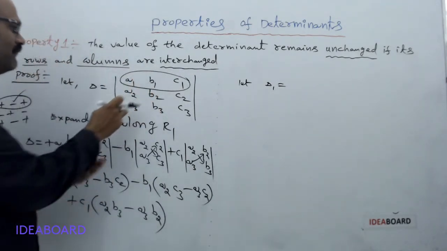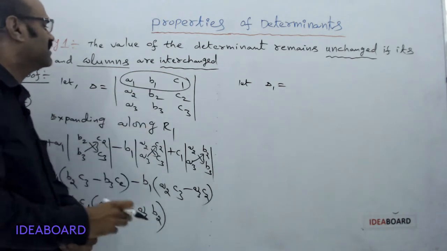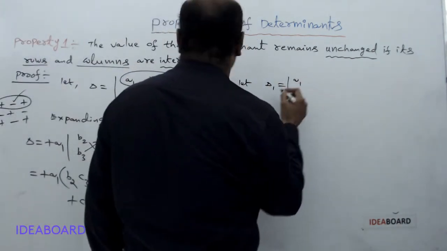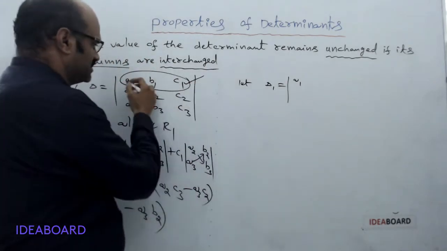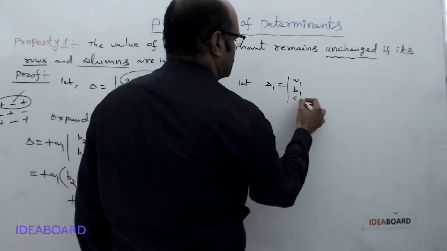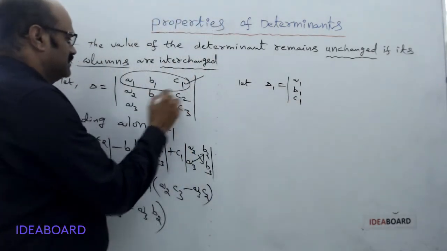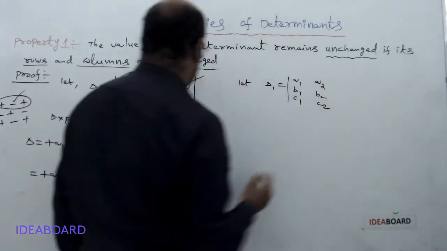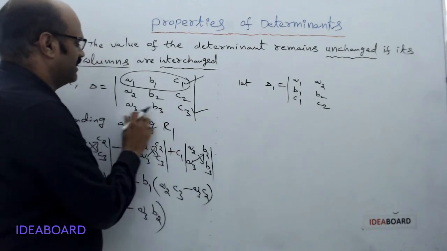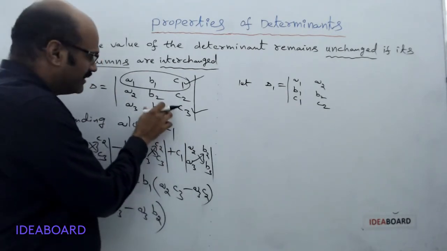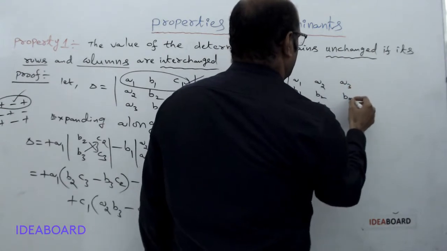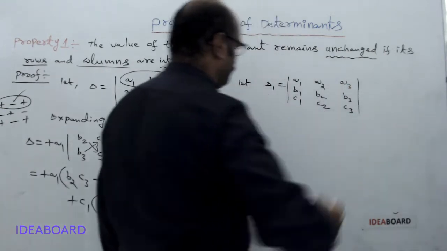So the first row we have A1, B1, C1, so write it as the determinant of, first row into first column: A1, B1, C1. Next we have A2, B2, C2. Now the third row we have A3, B3, C3, you write into the third column: A3, B3, C3.